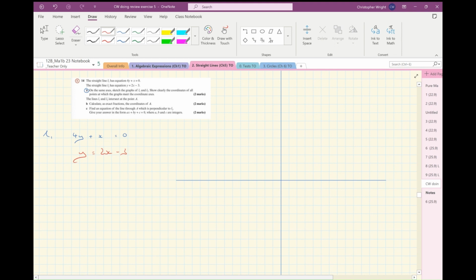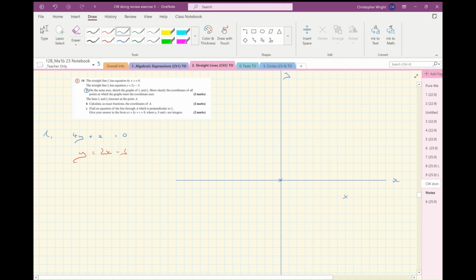Question 14. Okay, I've got 2 straight lines, L1 and L2, and on the same axis I'm asked to sketch the graphs showing clearly all the coordinates of the points where the graphs meet the coordinate axes. Right, let's plot 4y plus x equals 0 first. Clearly goes through 0, 0. And if I take x of 8, 2, 4, 6, 8, then I will have a y of minus 2.